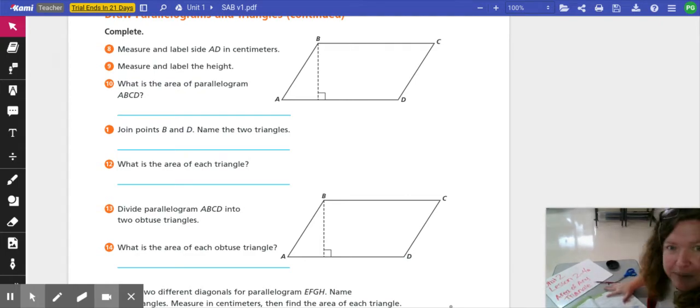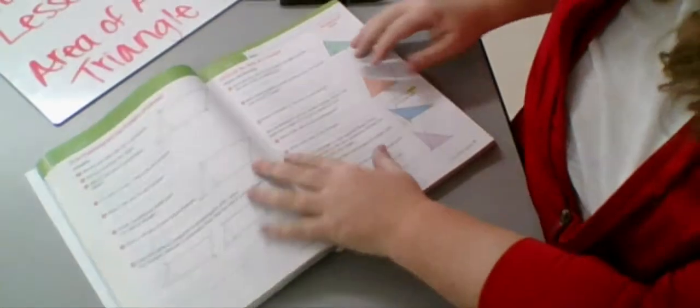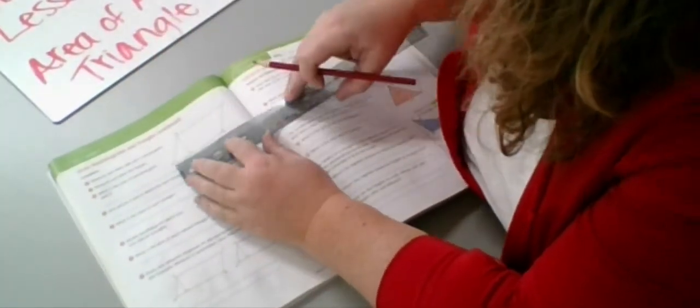So we're going to go on to the next page here. I'm going to turn my page in my book. Number 8 says measure and label side AD in centimeters. So pause and do that now. Here we go. Side AD in centimeters. There's AD.